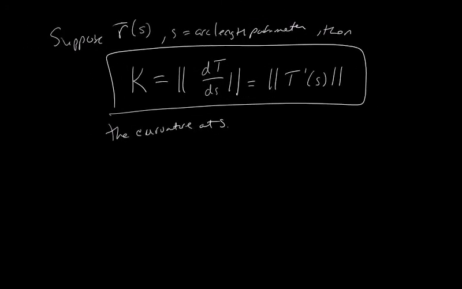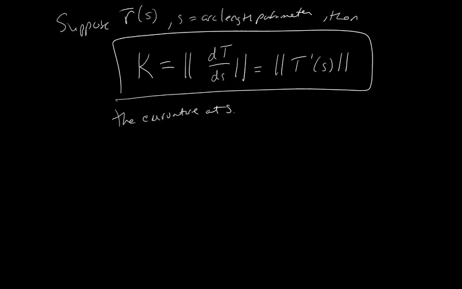And one really cool thing that we see here is if we were to calculate the curvature of a circle, and this is shown in your book, the curvature of a circle is the inverse of its radius.